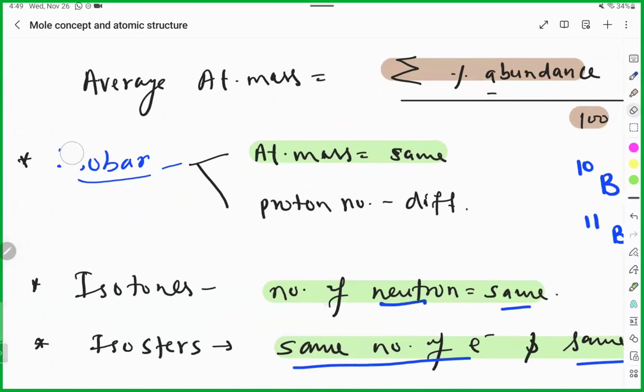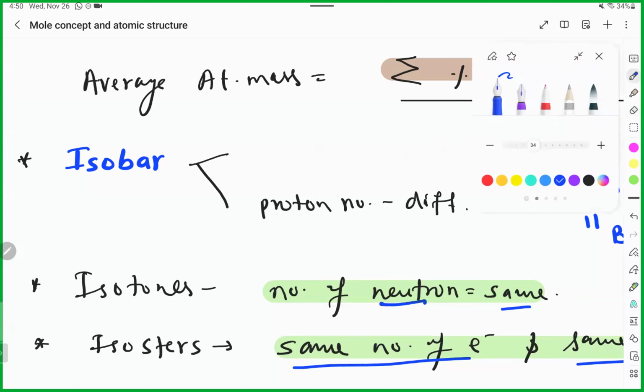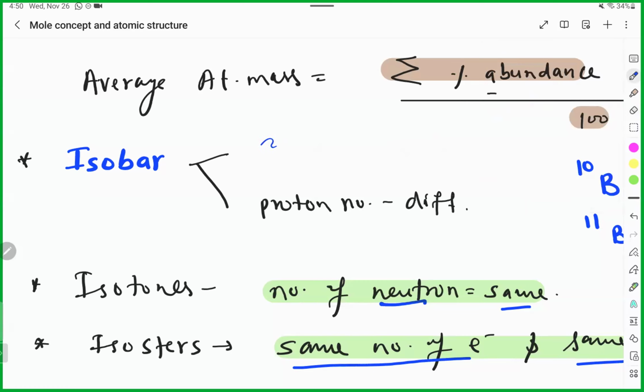Chandana, what is isobar? These are the basic things, that's why I'm asking. Yes, sir. The compounds which have the same atomic mass but differ in atomic number.